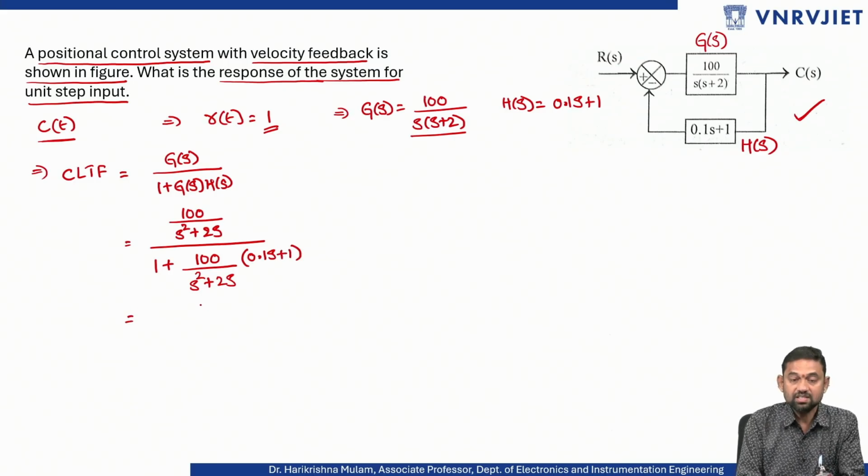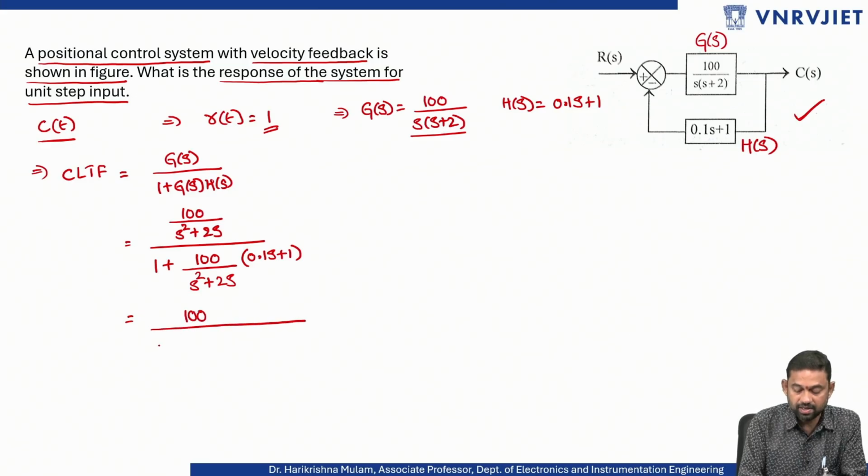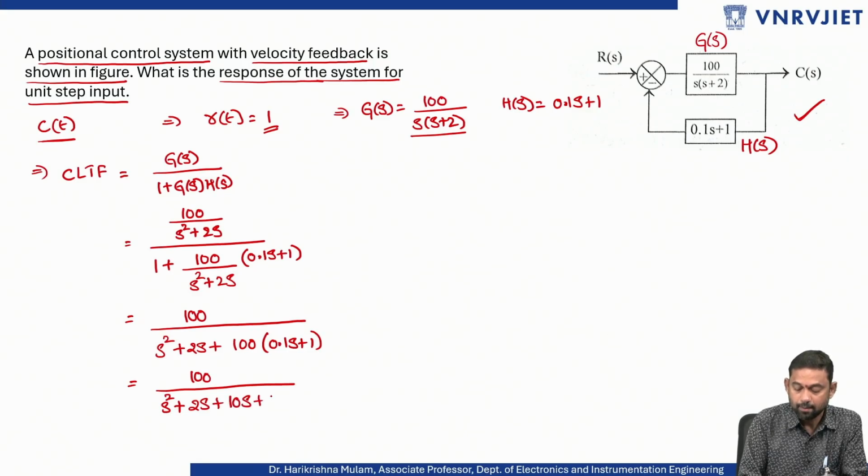If you simplify this, the numerator will be 100 and the denominator will be s square plus 2s plus 100 times (0.1s plus 1), which is equal to 100 by s square plus 2s plus 100 into 0.1s, which is 10s, plus 100 into 1, which is 100.